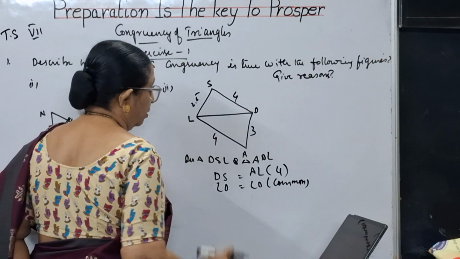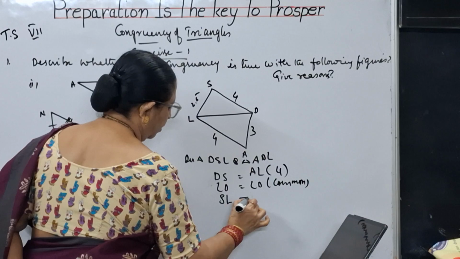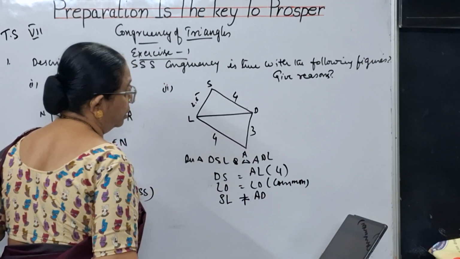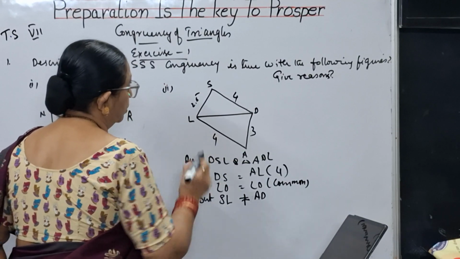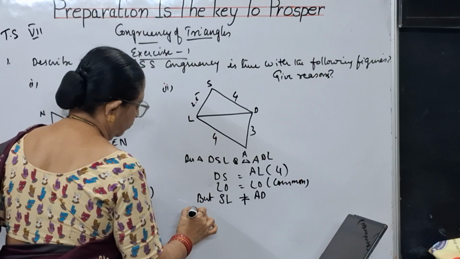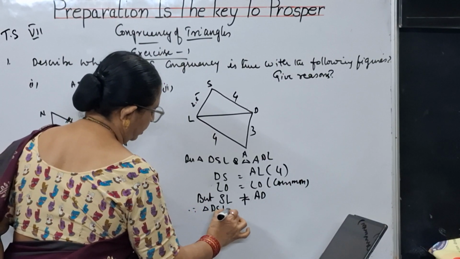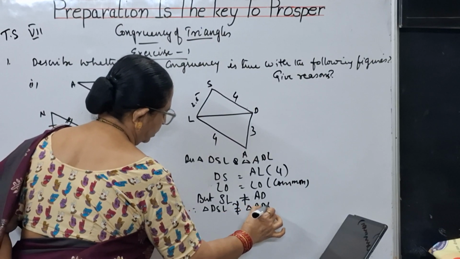But SL is not equal to AD. Why? You write but. Why? Because this is 2.5, this is 3. Therefore, what will you be saying? Triangle DSL is not congruent to triangle ADL.